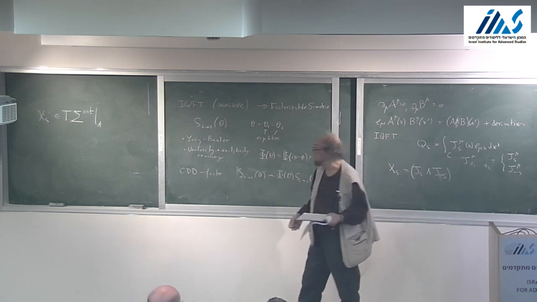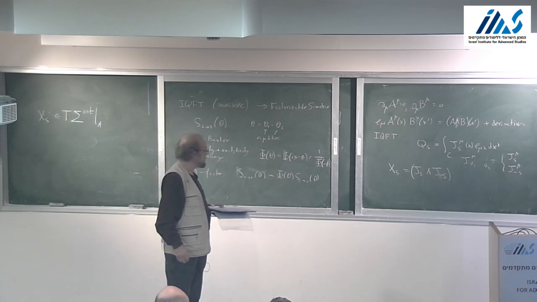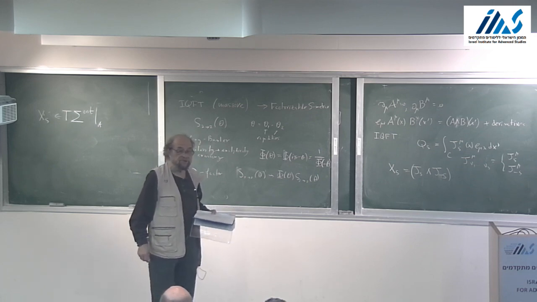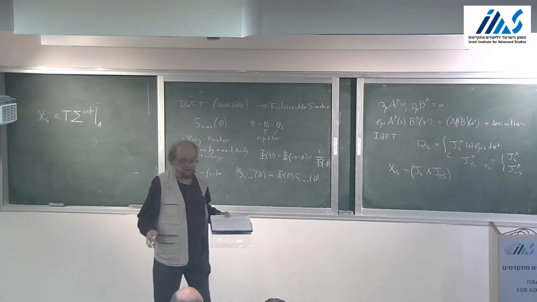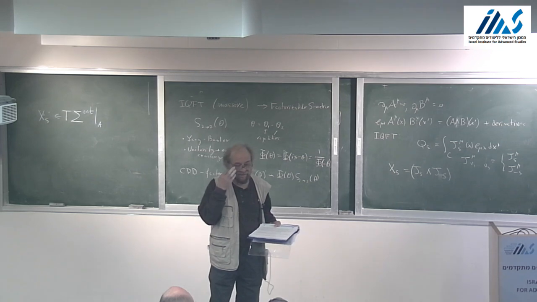What is the analytic structure of this? It's known to be a meromorphic function, with some limitation on the position of poles. You don't want to have complex poles on the physical strip. You are allowed to have an infinite number of poles.